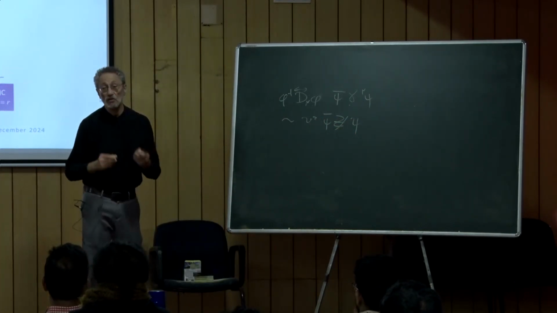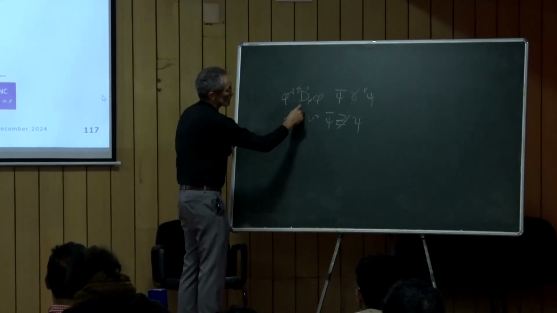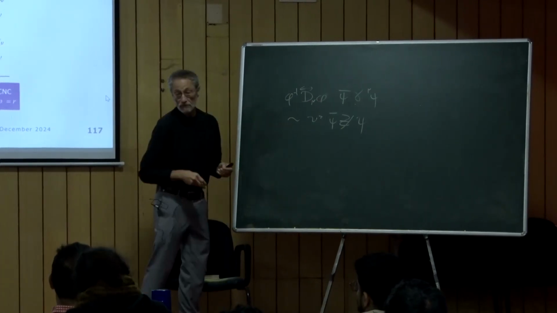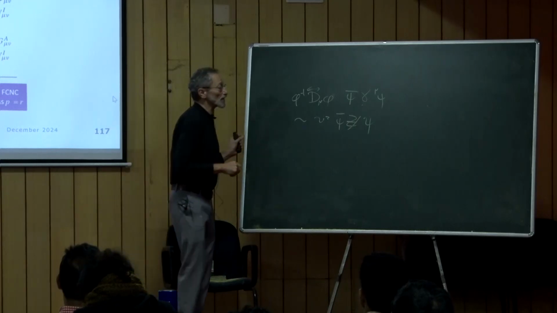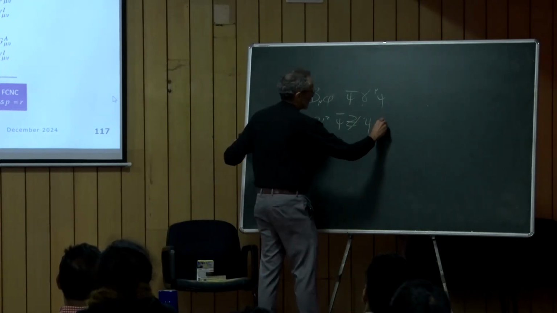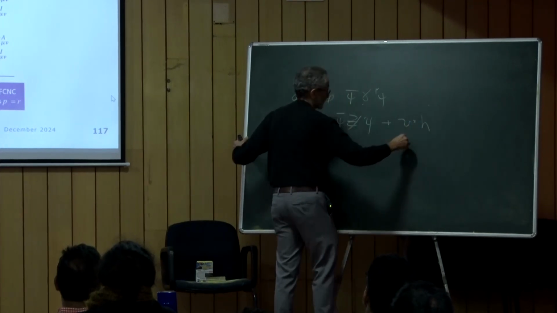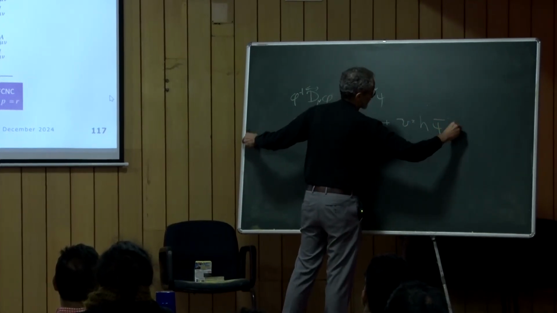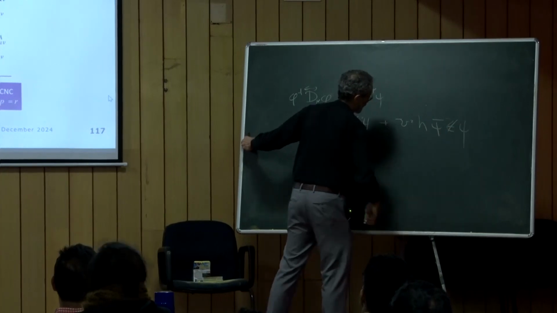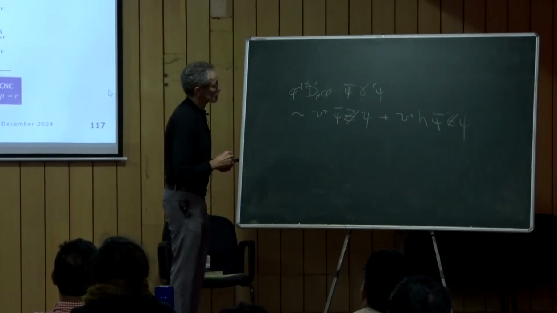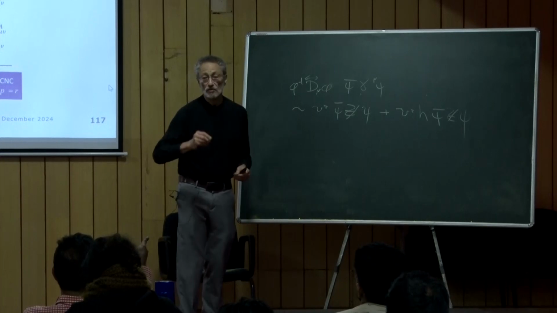But that's not the only term. That term comes from replacing these guys by the VEV. You get other terms that go like v squared, h, psi bar, Z slash psi, and things like that. And many other terms.